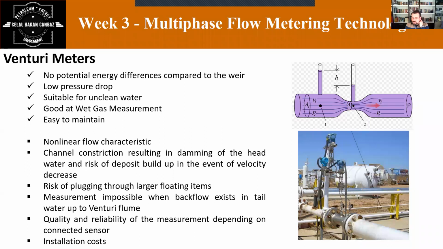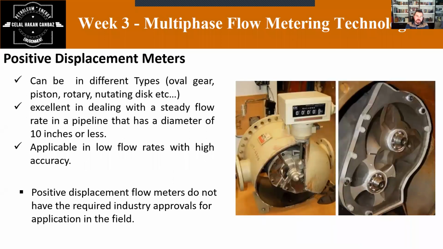Another one is the positive displacement meters. Okay. Positive displacement meters can come in different types and shapes, like oval gear, piston, rotary, rotating disc, etc. So this gives you the conformity of using the correct shape according to the design of your production line.